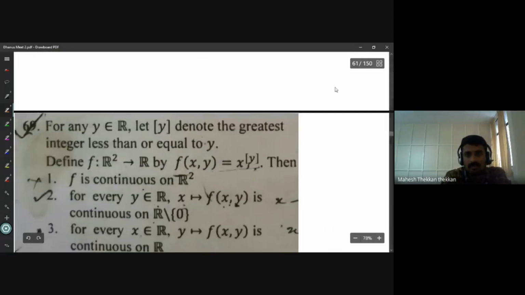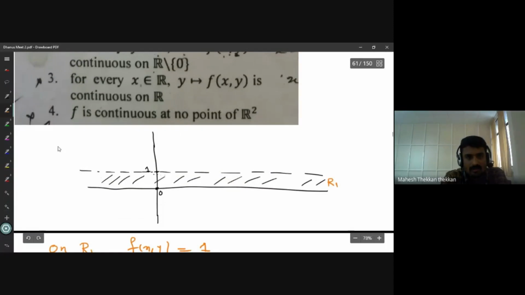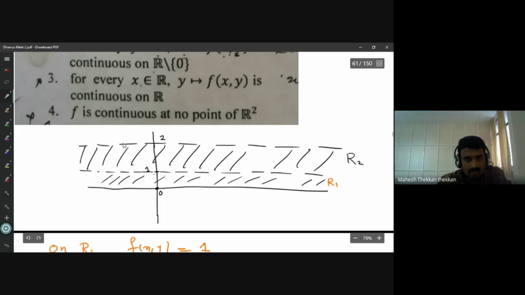Because I am looking at x power integer part of y. What about the other region, R2? This portion. Here this is 2. I am not including 2, but I will include this line y equal to 1.